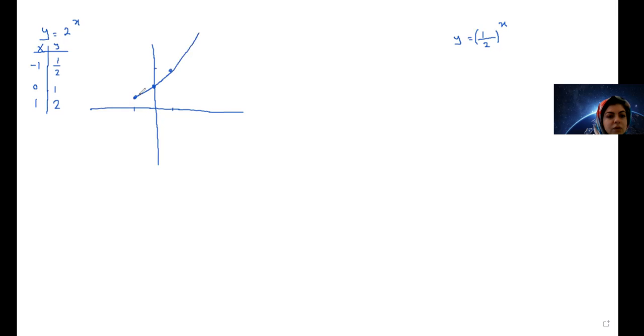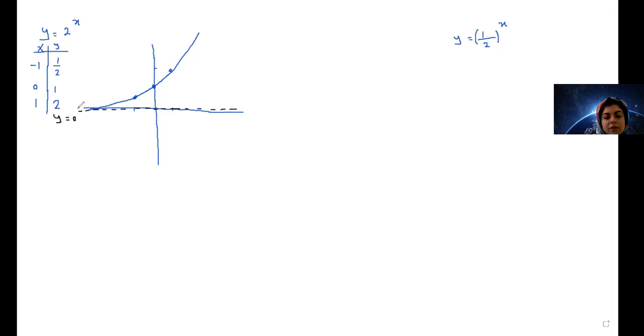And at this end it goes to 0. It never reaches 0. We have an asymptote, a horizontal asymptote. The equation for my horizontal asymptote is y equal to 0.